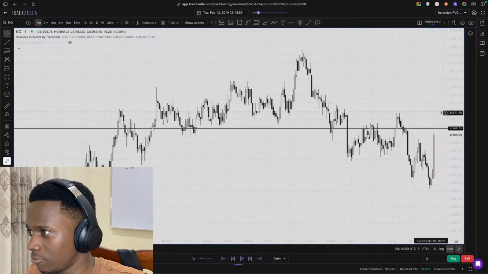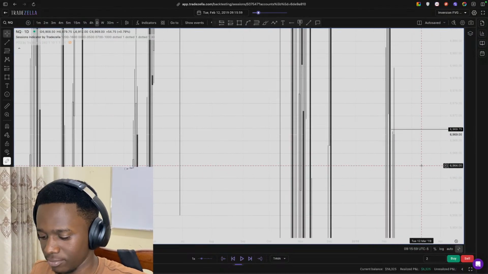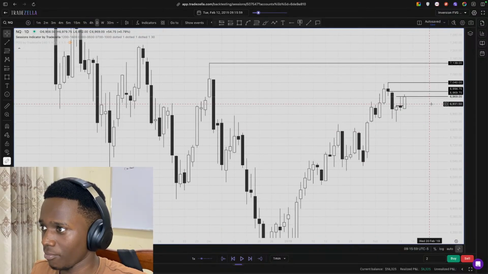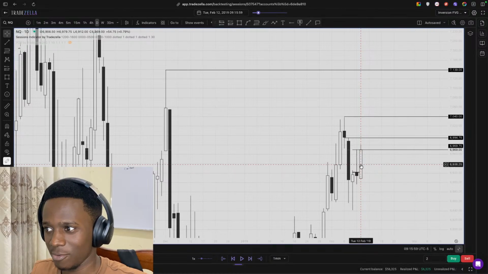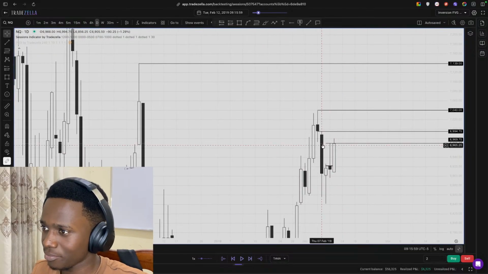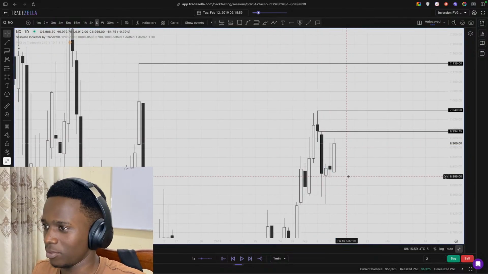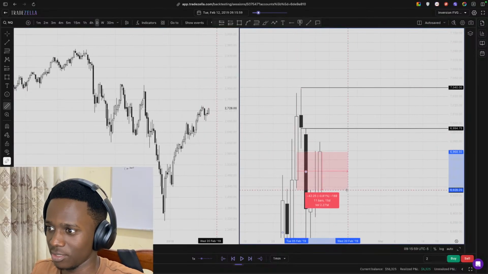How far are we? February. So remember, when I was analyzing for this day, I said there are two possibilities. Price rejects this gap and goes lower, which you can see it did, and that possibility is still there, that price could still go lower, rejecting this gap here.